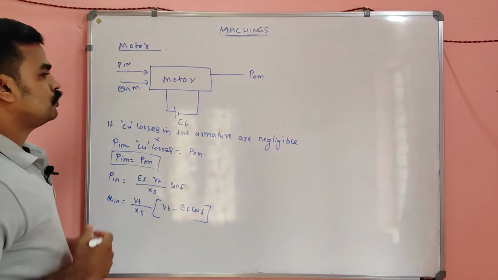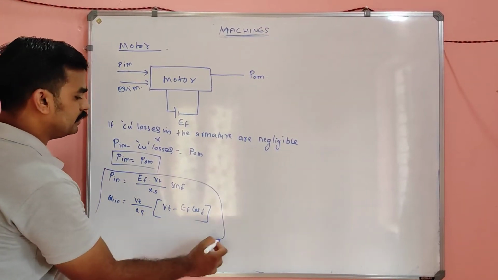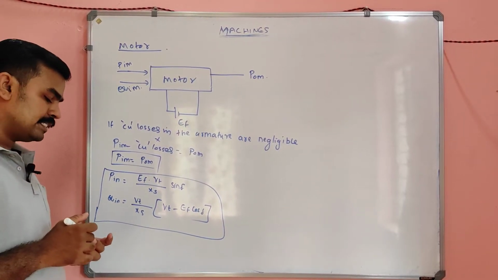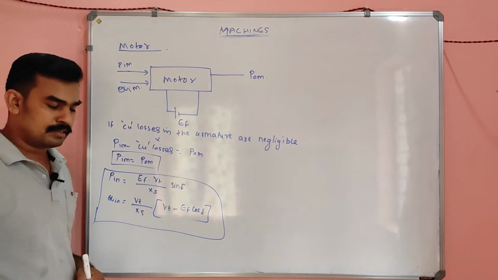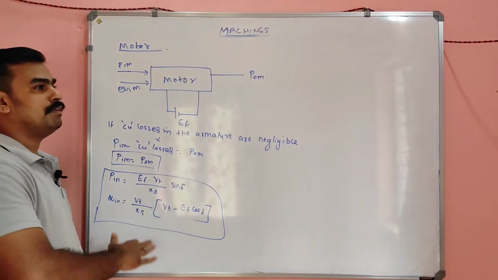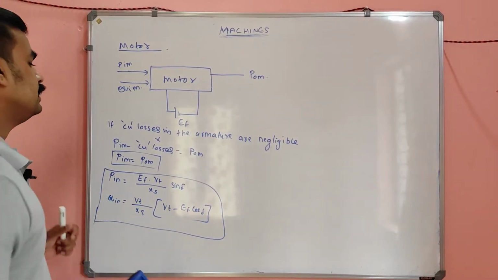Is it clear? So now we are going to deal with how we can control the power factor in different situations. Likewise in the alternator, we took Vt greater than EF cos delta, Vt less than EF cos delta, and Vt equal to EF cos delta. So likewise we have to discuss situations here.